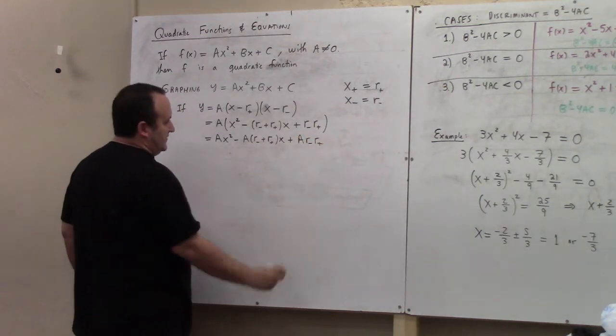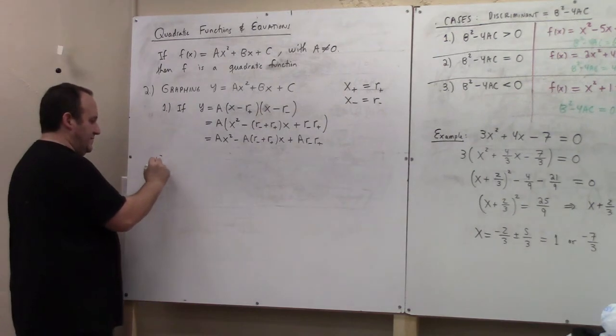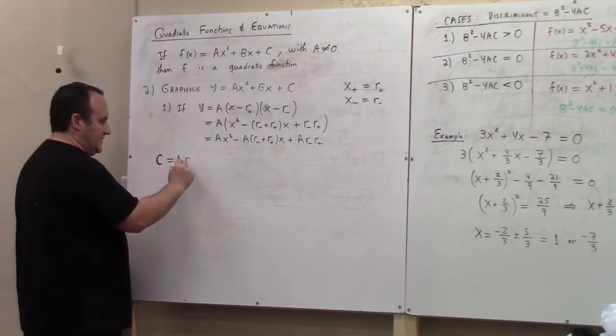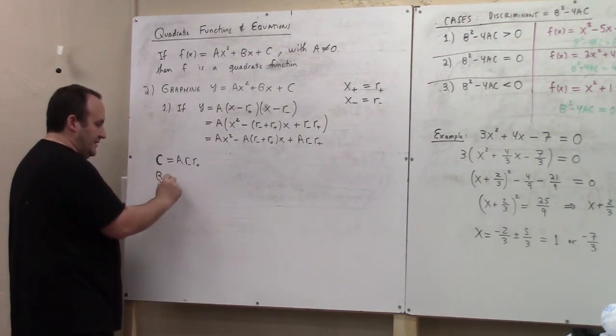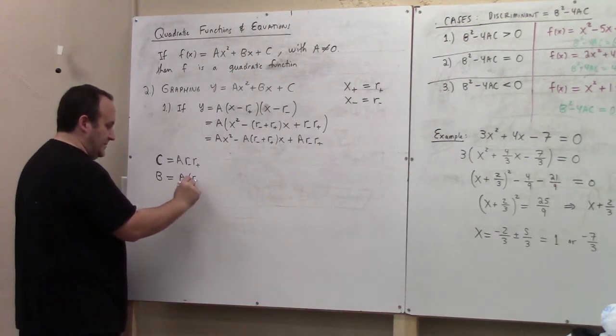So what I'm trying to tell you is that the constant term has to be equal to the leading coefficient times the product of the roots, right? The middle term has to be the leading coefficient times the sum of the roots with a minus, right?